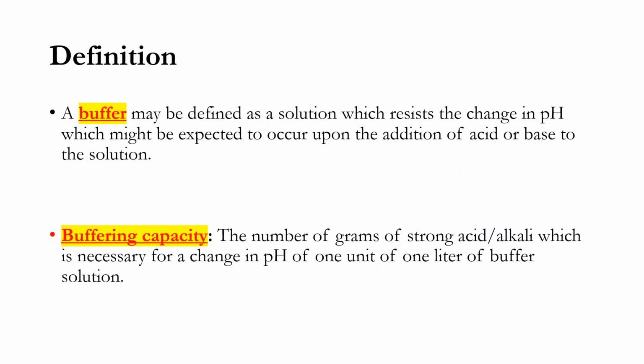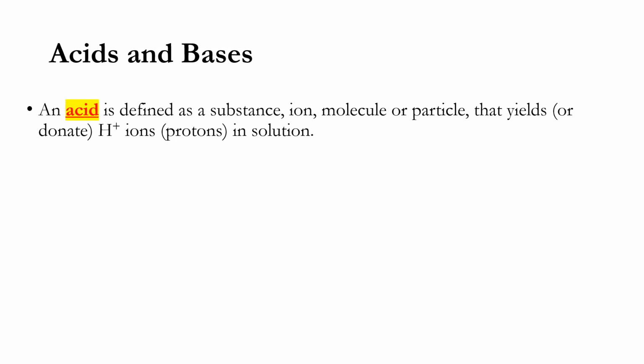Now we are going to discuss acids. I think everybody is acquainted with acids and bases, but just to refresh the memory, it's important to discuss these terminologies. An acid is defined as a substance, ion, molecule, or particle that yields or donates hydrogen ions or protons in a solution.